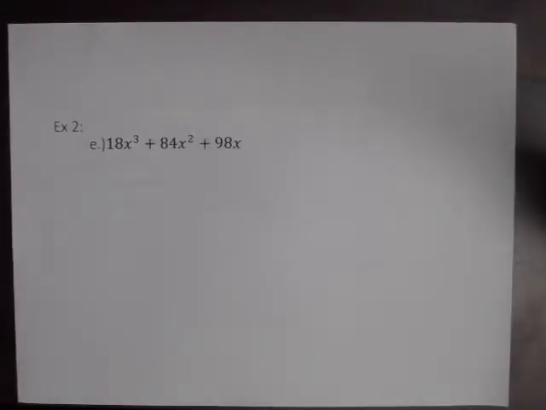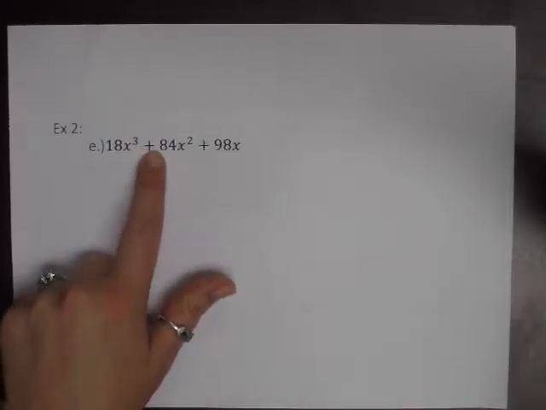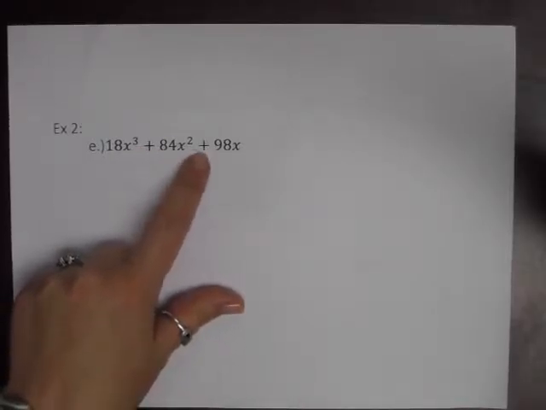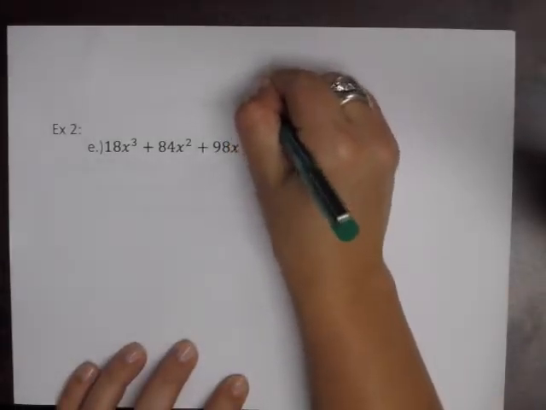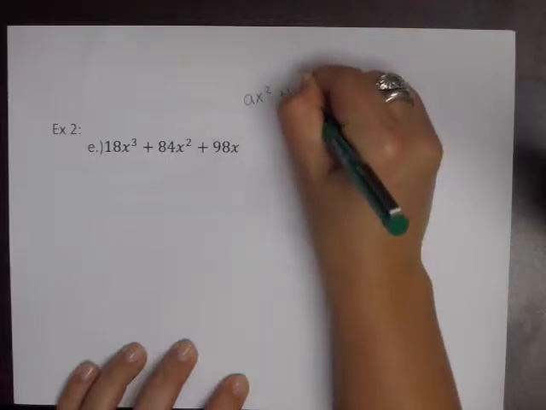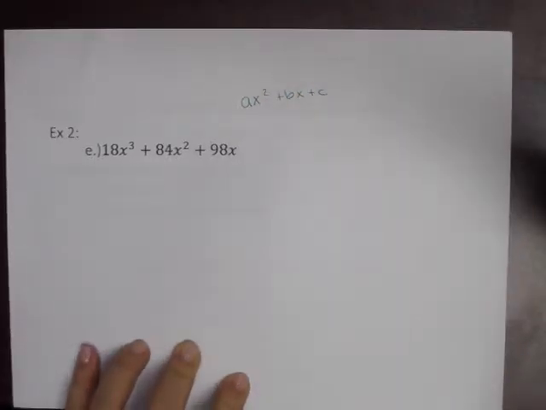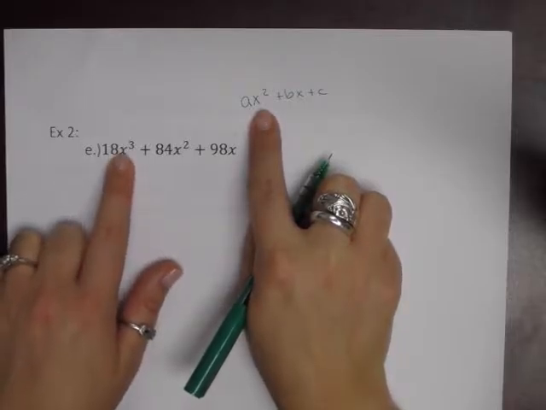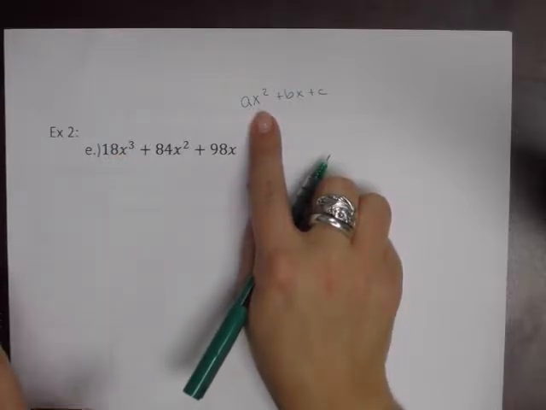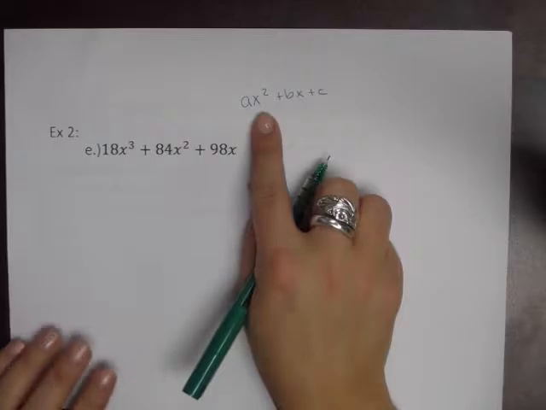Alright, the last type of perfect square trinomial that we're going to look at looks like this. So we've got 18x to the third plus 84x squared plus 98x. Alright, first thing that I notice is I want it to be in this form, ax squared plus bx plus c. But if I look at my first exponent, it's x to the third. So that definitely tells me that I'm going to pull out a GCF.